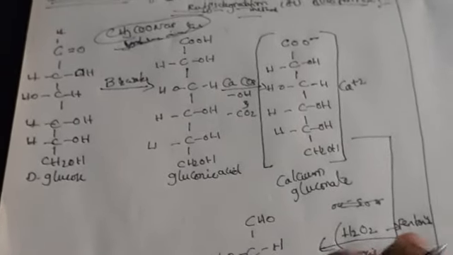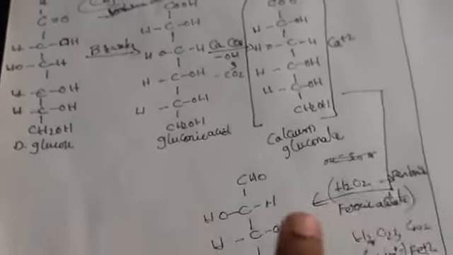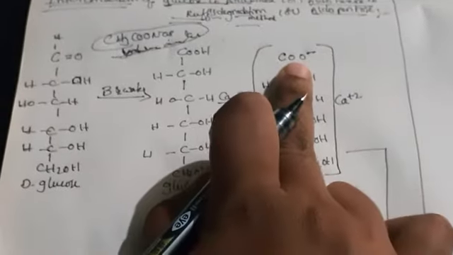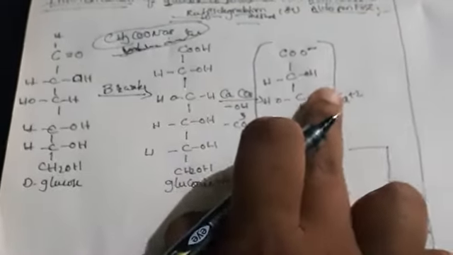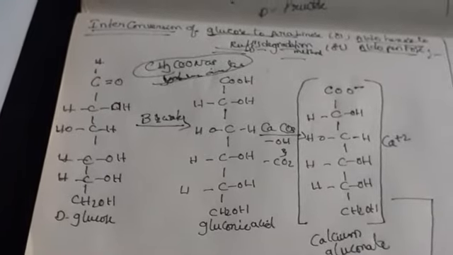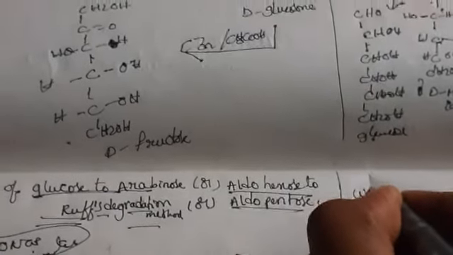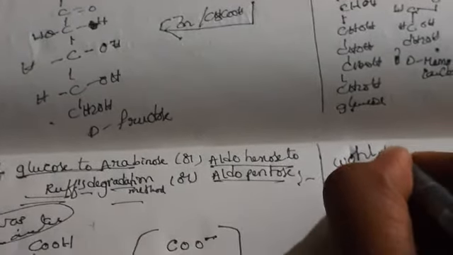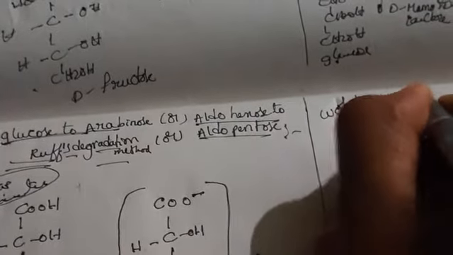In the presence of Fe2 plus ions, COOH is eliminated and H plus forms acetic acid. After removing those molecules we get the aldopentose, arabinose. So this is about the interconversion of glucose to arabinose. There is one more method, the Wohl degradation method.